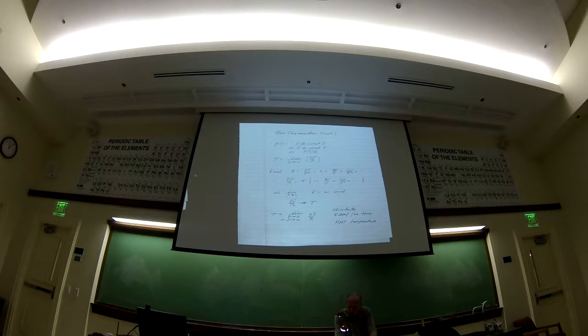And recall the compressibility factor Z, which can be expanded in the virial notation. Here's the expansion in volumes. We rewrite this, solve for PV over R, then it's T times a function of volume.